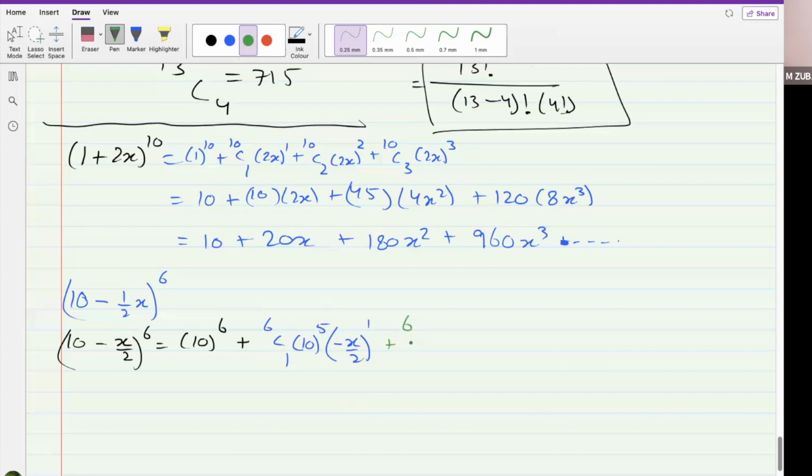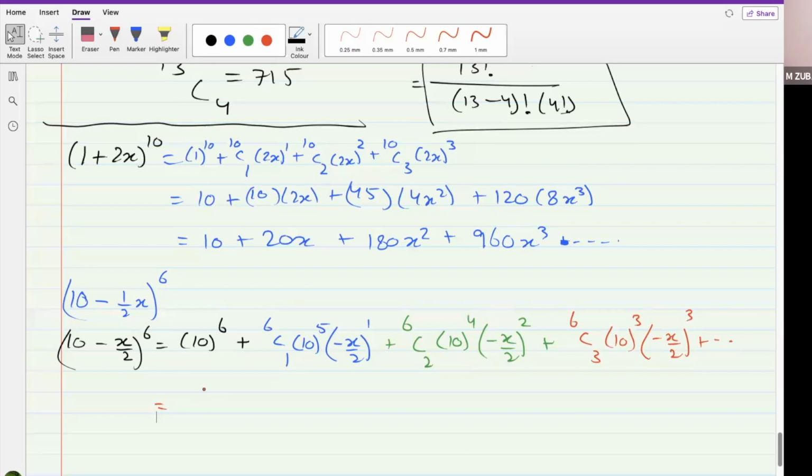Next term, 6C2 a^(6-2) b2. Next term, 6C3 a^(6-3) b3. So we're done with 4 terms.